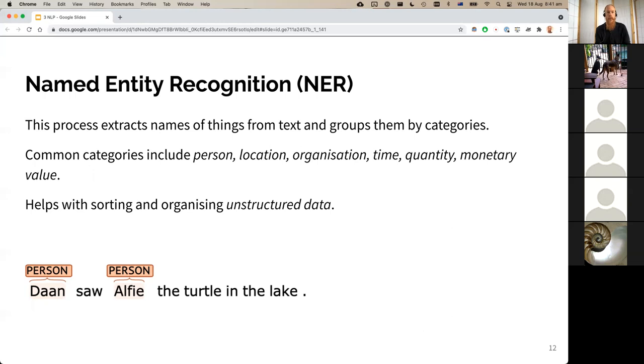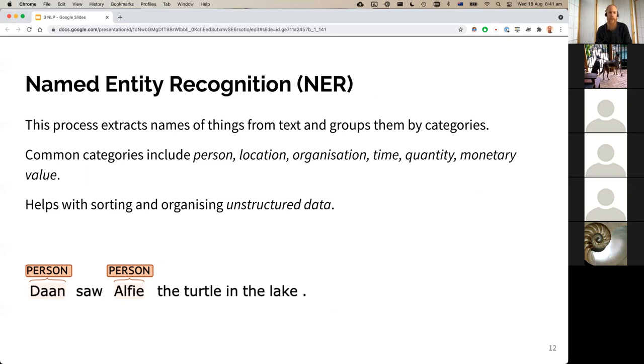So from an input text, we can parse the text, then extract all of the tokens that are people's names. Now, this helps with sorting data. We'll see that it is a process that's very useful in techniques like slot filling, which we'll look at soon, where we're taking some input data and trying to find where the significant pieces of meaning in that input data are.